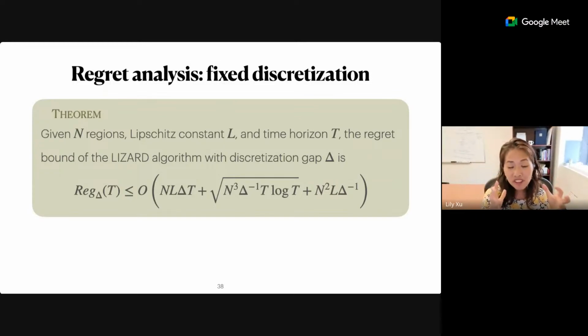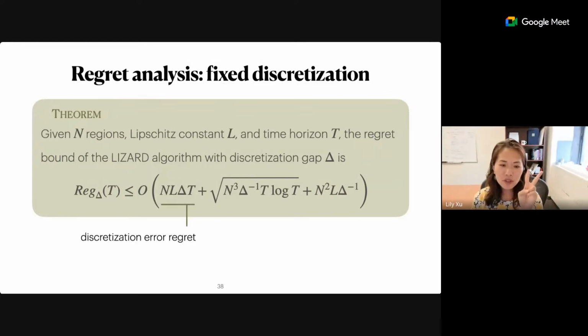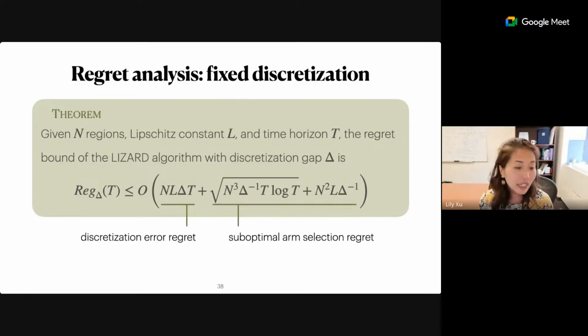So here we want regret to be lower. Smaller is better because that means we're closer to the optimal. And regret can be broken up into two terms. We have the regret from the discretization error, how much we're losing out by whatever discretization level we pick. And the second is the selection regret from not picking whatever the optimal arm is for that level of discretization.